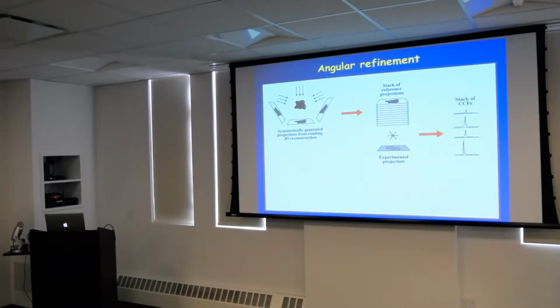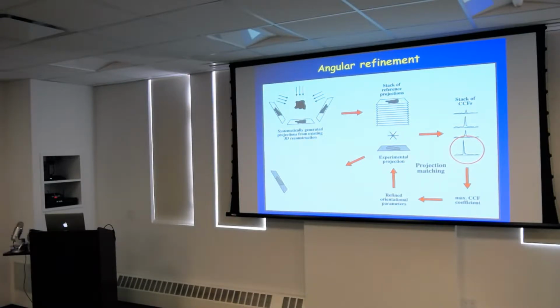You do cross correlations, you get cross correlation curves. And then you just simply check which one has the highest cross correlation curve, which is clearly this one. And so what this means is that this experimental map has the parameters, the orientation of this particular reference image. So you can now assign these orientation parameters to this projection, which is called projection matching. So you assign these parameters, and now you put it into space with your improved orientation.